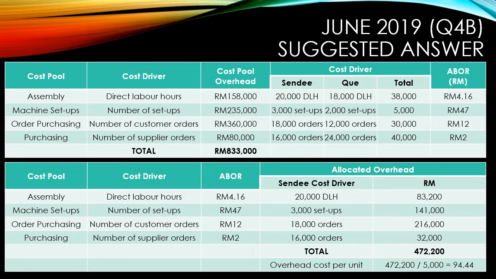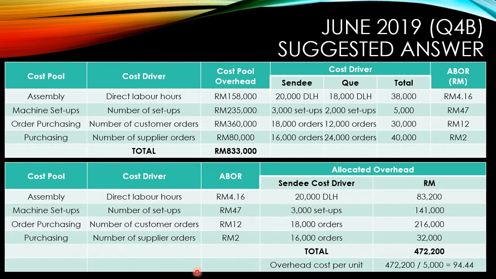So as usual, you need to identify the ABOR first. You find the total overhead for each of the cost pools, and then you find the total cost driver for both of the products. So you divide the cost pool by the total cost driver. So you get 4 ringgit 60 cents per direct labor hour for assembly, 47 ringgit per setup for machine, 12 ringgit per customer order, and 2 ringgit per supplier order.